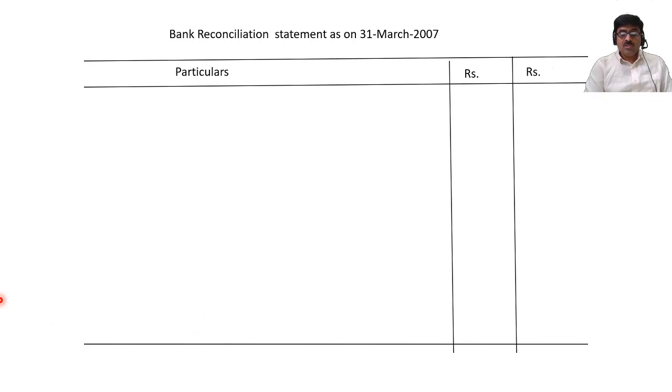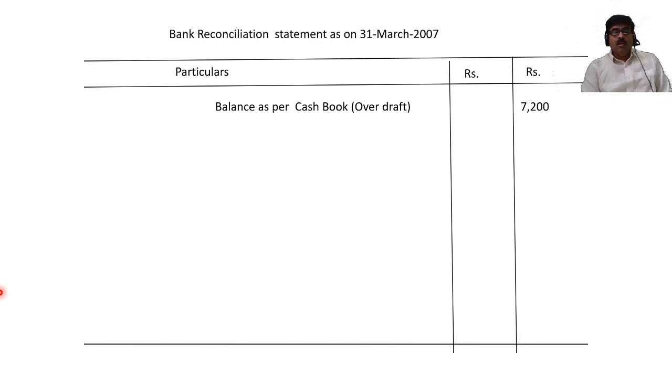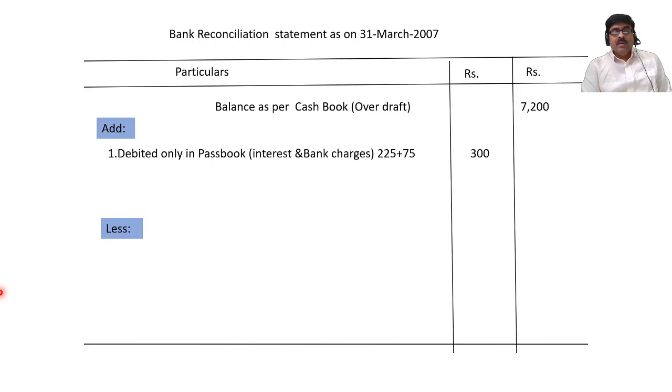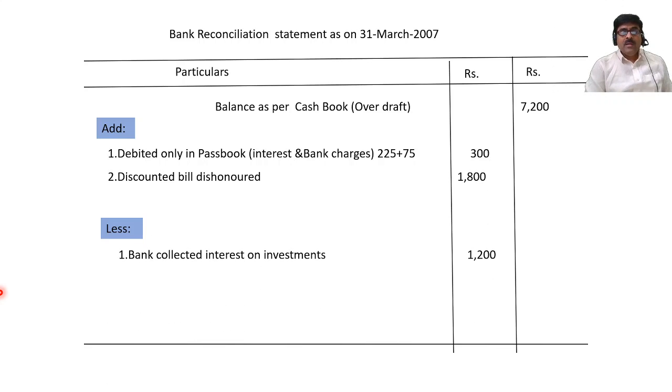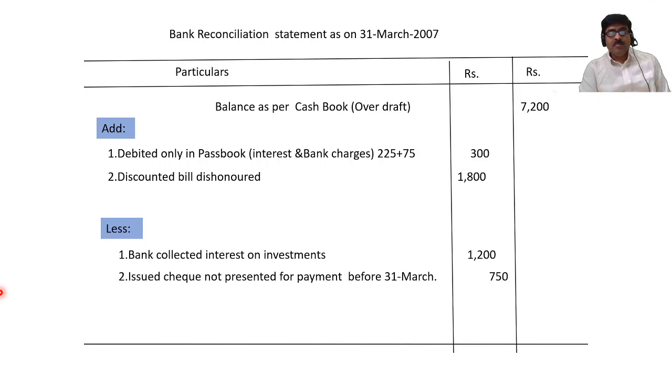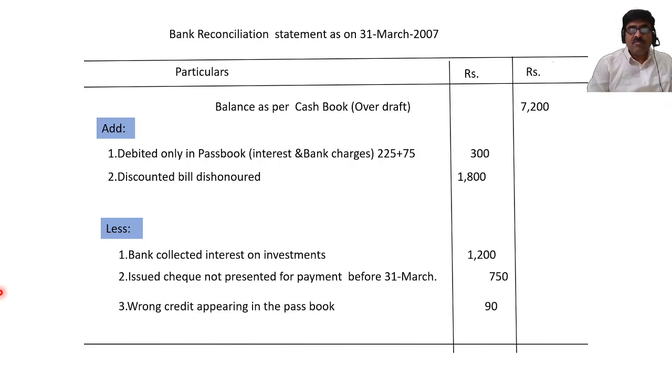For the illustration, balance as per cash book, overdraft 7,200. Debited only in passbook, interest and bank charges 225 plus 75, 300. Less items: bank collected interest on investment 1,200. Discounted bill dishonored but not entered in the cash book 1,800. Issued check not presented for payment before 31st March 750.